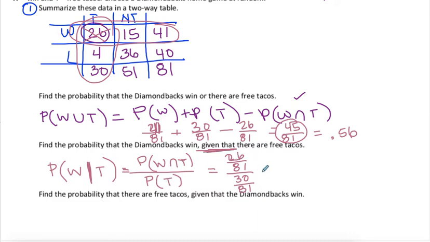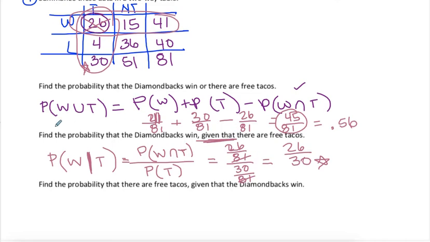Now when I simplify, those 81s cancel out, and I'm left with 26 out of 30 games. So knowing that there were free tacos, notice that's our denominator here, what's the probability that they won? 26 out of 30. So while organizing our data helps us see those conditional probabilities, the rule still works as well.